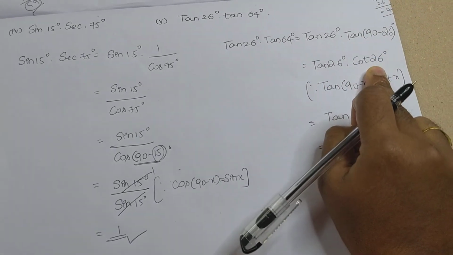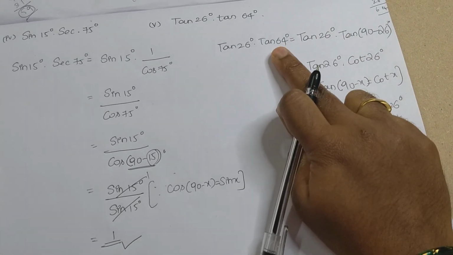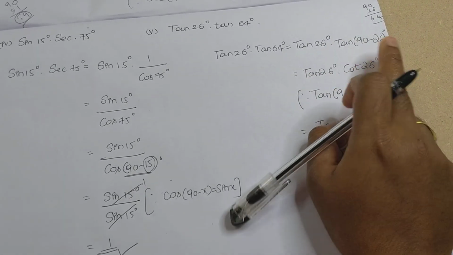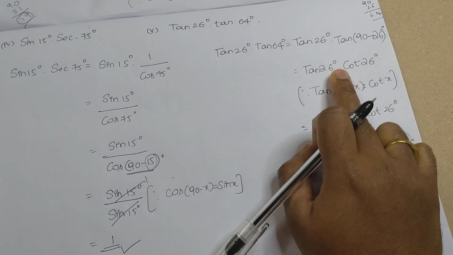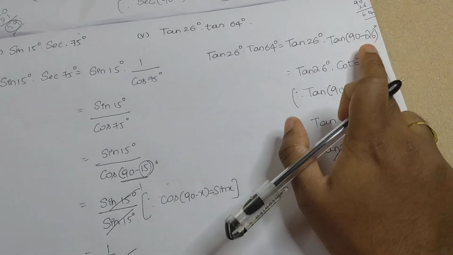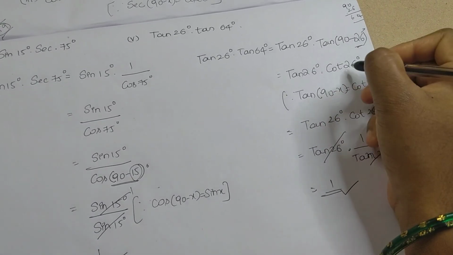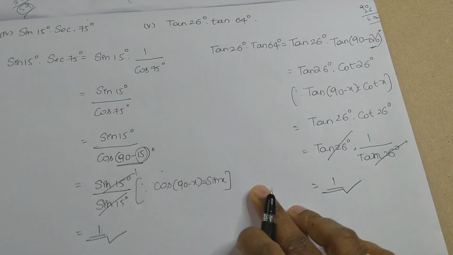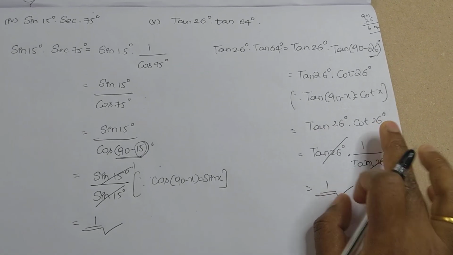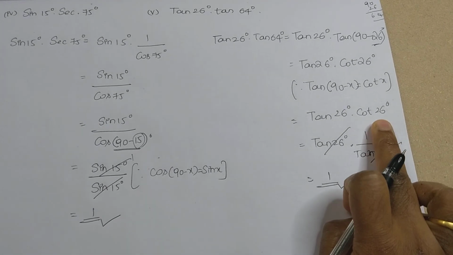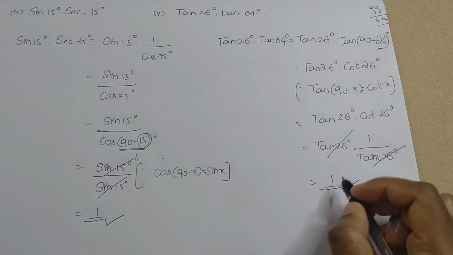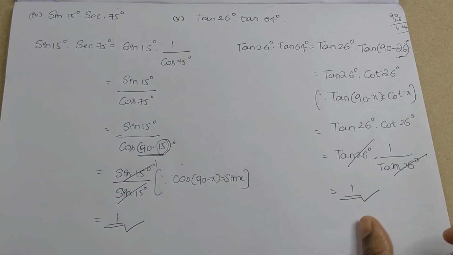That is equal to tan 26 into tan of 90 minus 26, equals tan 26 into, since tan of 90 minus x equals cot x, assume this 26 as x, so we will be writing here cot 26. So tan 26 into cot 26 you got. What is cot theta? It is nothing but 1 by tan theta. So in the place of cot 26 I am writing 1 by tan 26. Tan 26 will be cancelled off. The answer will be 1. So this is the solution for question number 1.